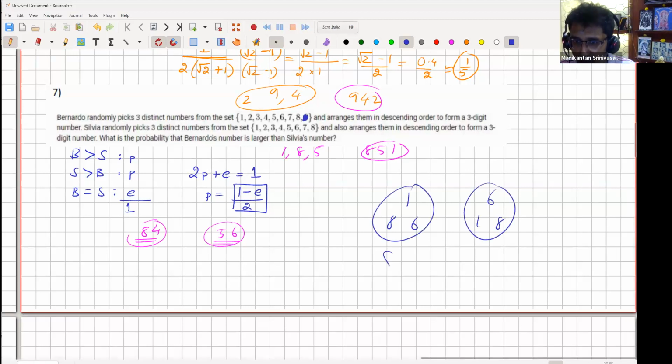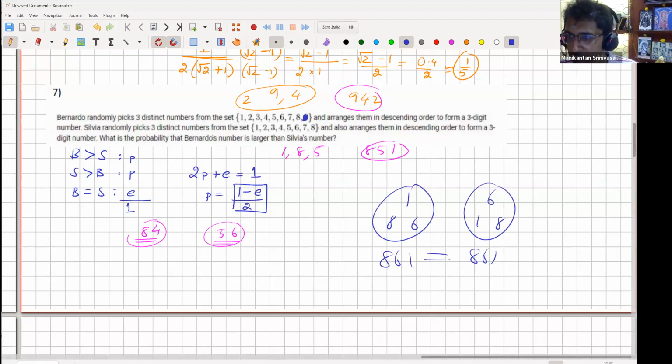Both of them are going to form 861 and 861. The two will be equal, right? What is the probability of this happening, guys? Can you tell me? So if you find E, we are done. That's it. What is the probability that both the numbers will be the same, both 3-digit numbers after arranging in descending order? Anahat or anyone?